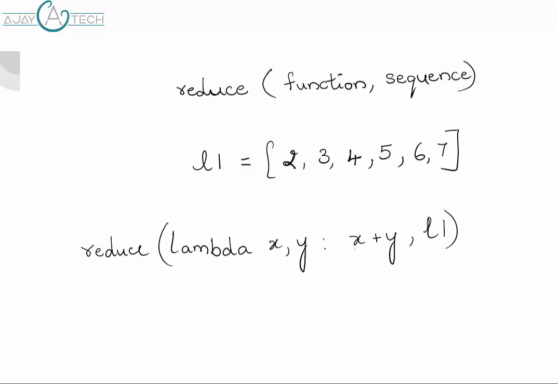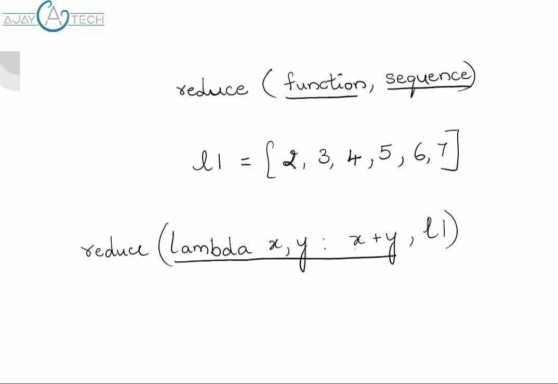The reduce function in Python takes in a function and a list as arguments, and the function is called with a lambda function like this. A repetitive operation is performed over the pairs of the list.